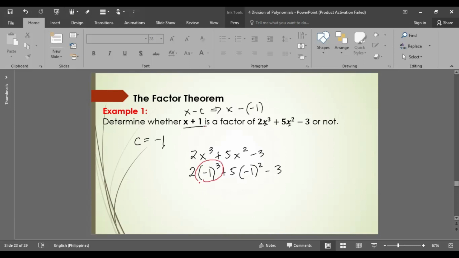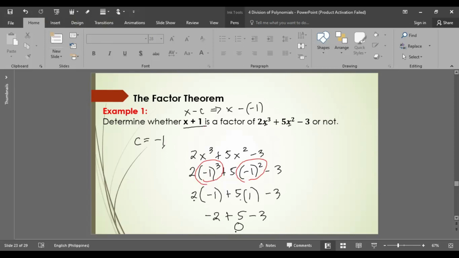Negative 1 raised to 3 is negative 1. Negative 1 raised to 2 is positive 1. Simplify: 2 times negative 1 is negative 2, plus 5 times 1 is 5, copy minus 3. Negative 2 plus 5 minus 3 is equal to 0.